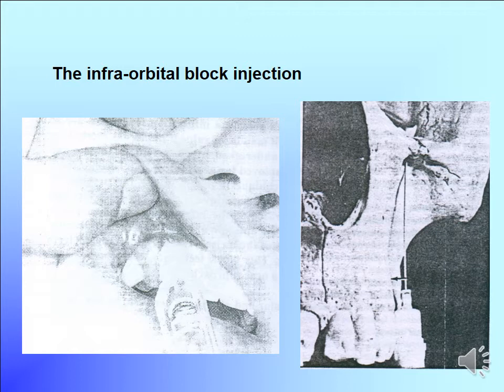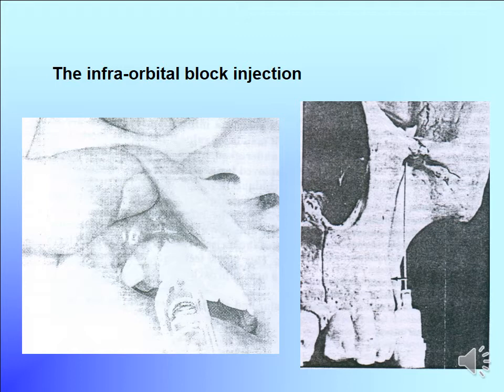You can feel the infraorbital foramen with the second hand, and then inject slightly below or within the foramen, and this is very important in the infraorbital block technique. This technique is given mainly for the infraorbital nerve, which supplies the mucosa of the labial gingiva of the central, lateral and canine and the labial mucosa of the upper lip.